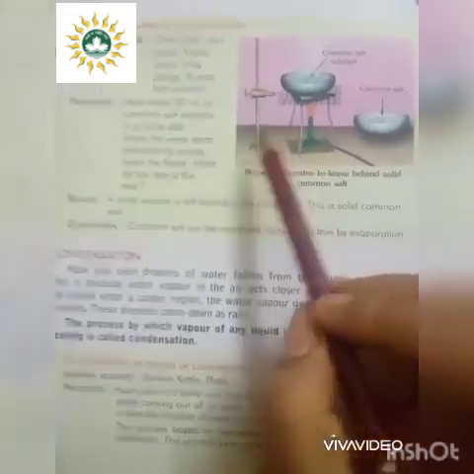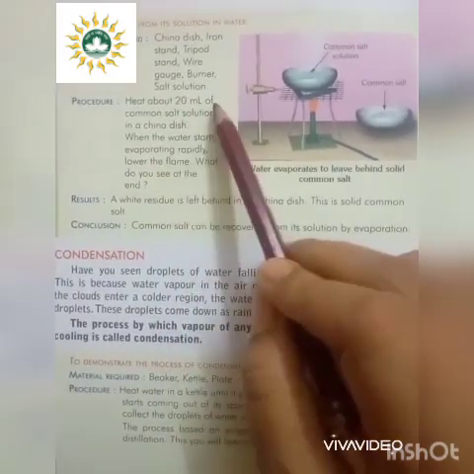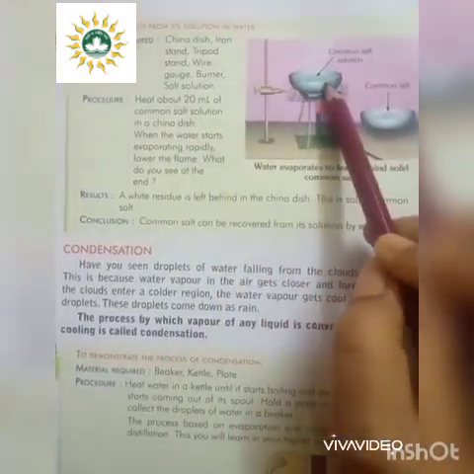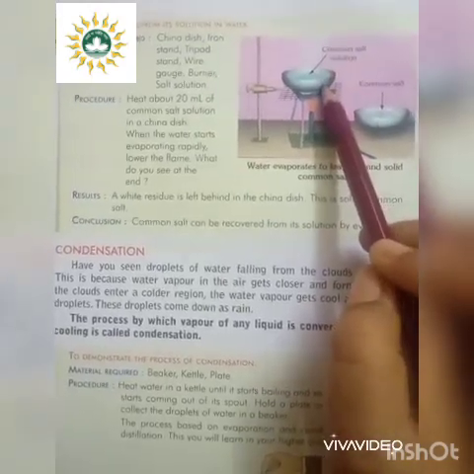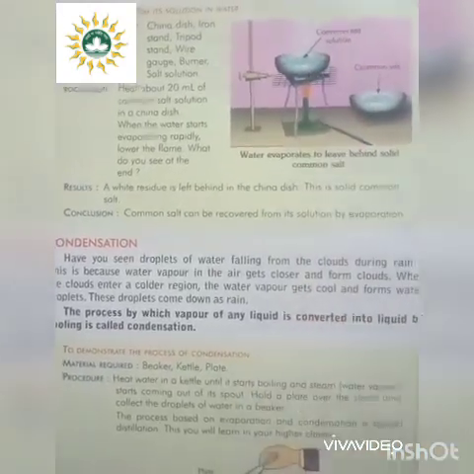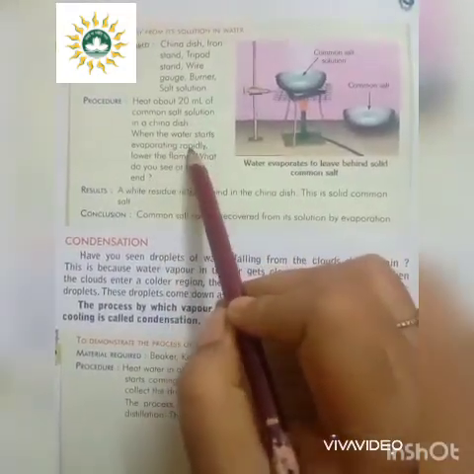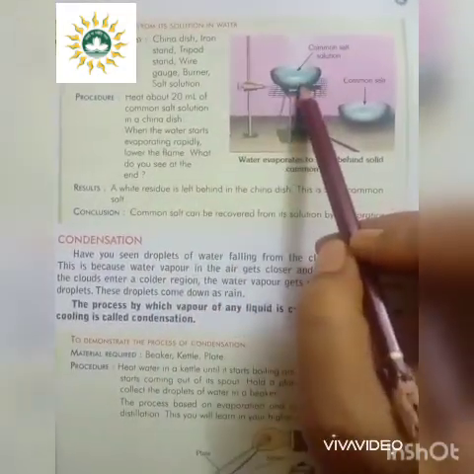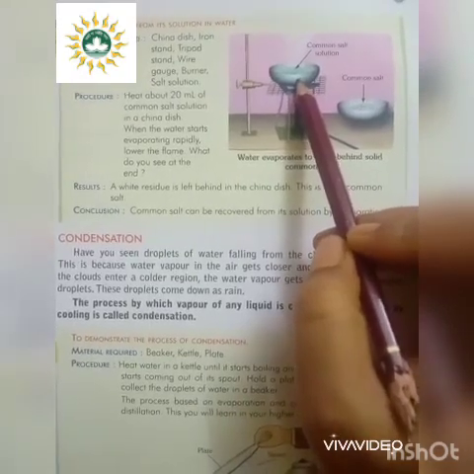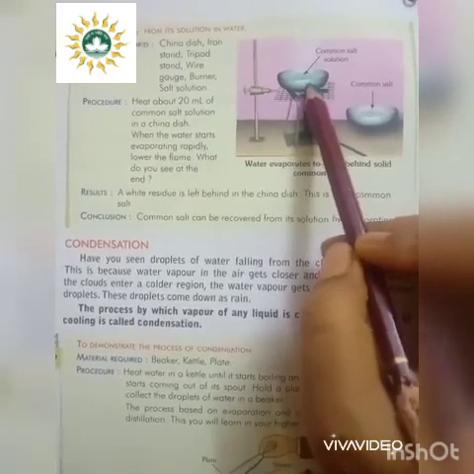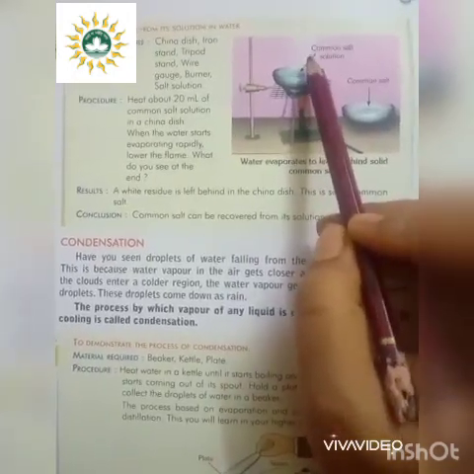The procedure is, we will heat about 20 ml of common salt solution. So we are heating about 20 ml of common salt solution in this china dish. When the water starts evaporating rapidly, the vapor goes up into the air.